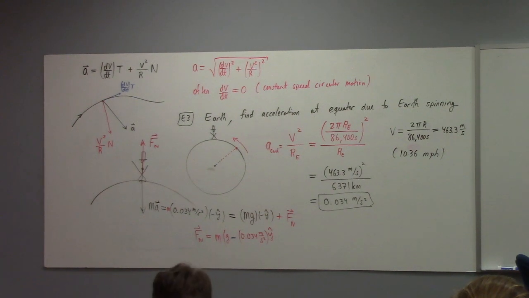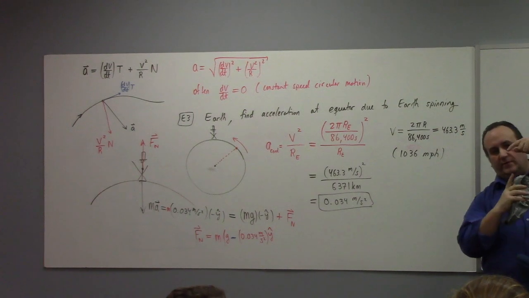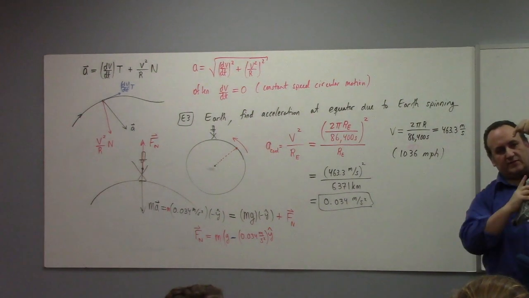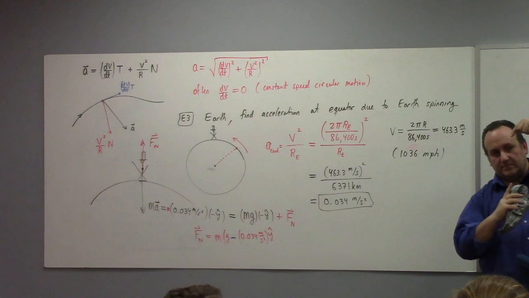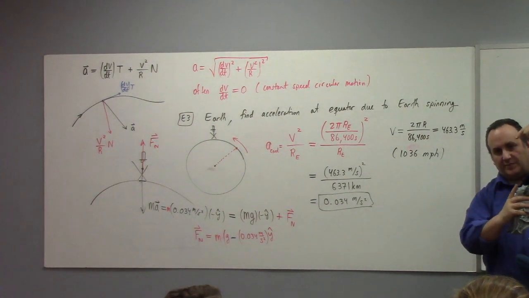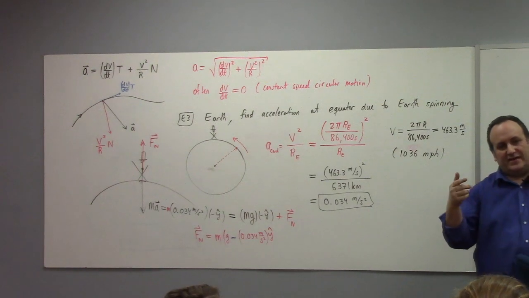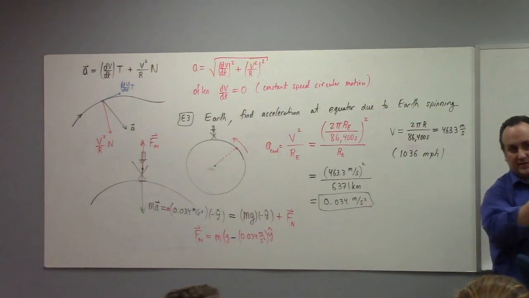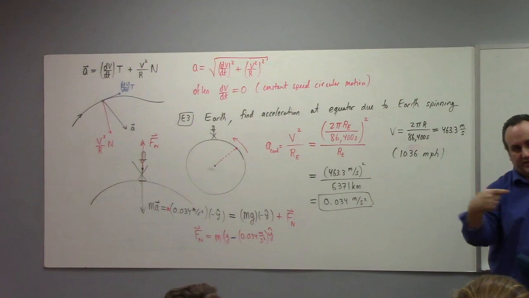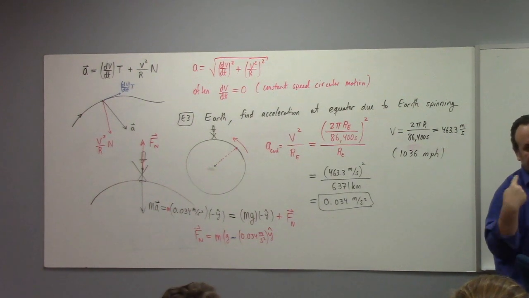One of the things I'm saying, by the way, is that because we're going in a circle around the axis, our net acceleration is not technically zero. Even though I'm not moving, because I'm going in a circle, I have a net centripetal acceleration towards the center of the rotation.